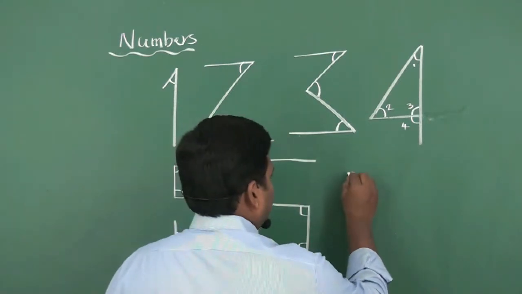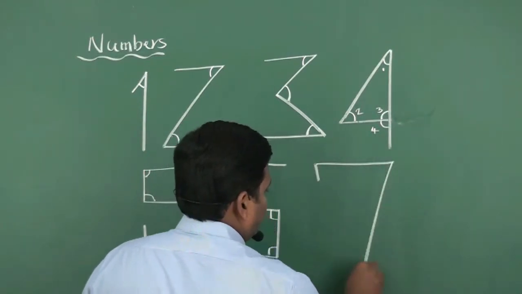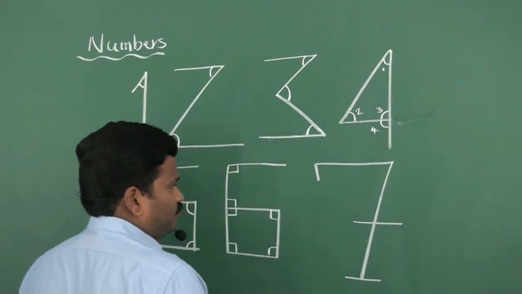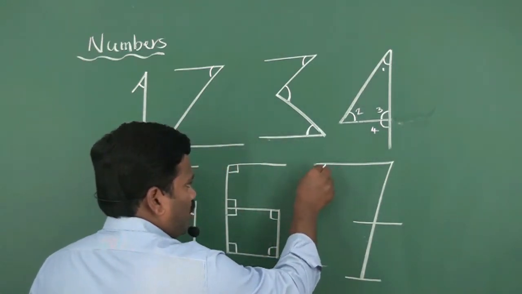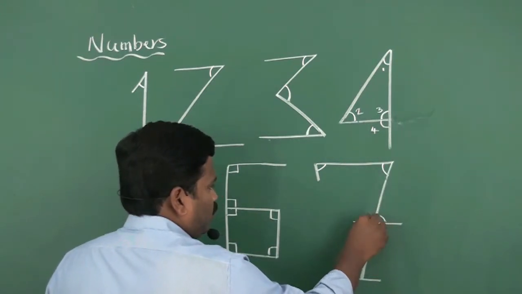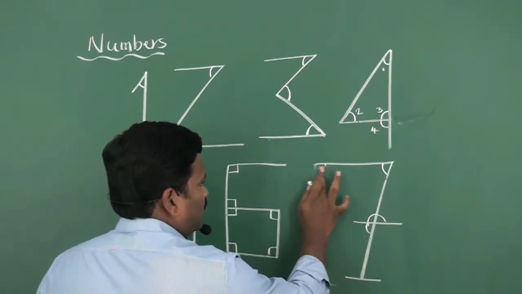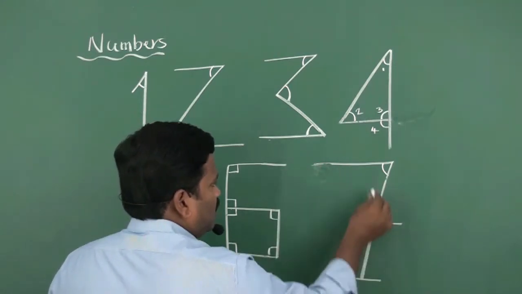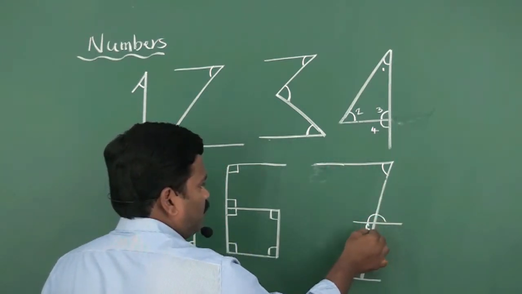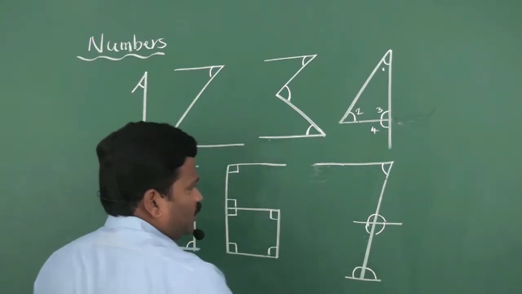And this is 7. 1, 2, 3, 4, 5. Sorry, the angle is not there. 1, 2, 3, 4, 5, 6, 7.